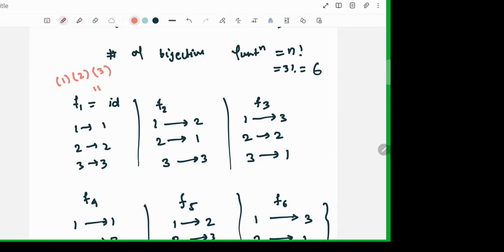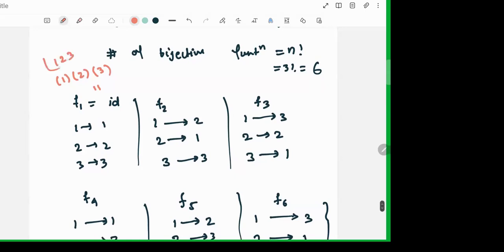This is completely different. If you write 1, 2, 3 in a single bracket, that means the image of 1 is 2, the image of 2 is 3, the image of 3 is 1. And the other means the image of 1 is 1, the image of 2 is 2, the image of 3 is 3.